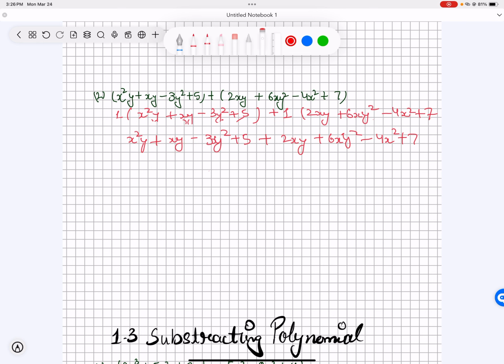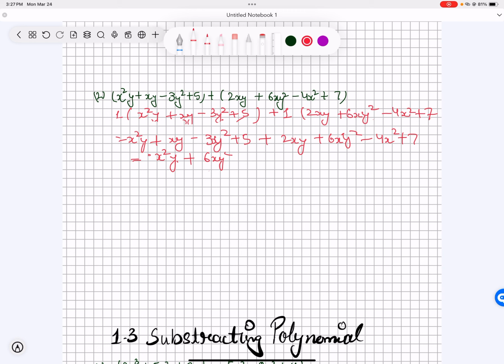We can combine those together, and then we can get 3xy, and then so it's gonna be x squared y plus 6xy squared.